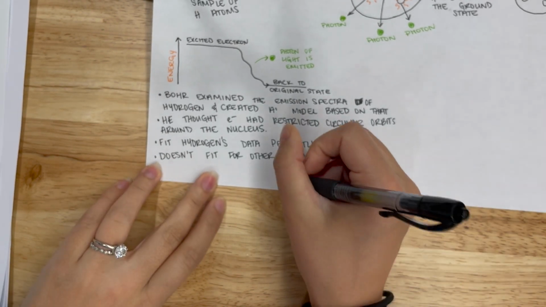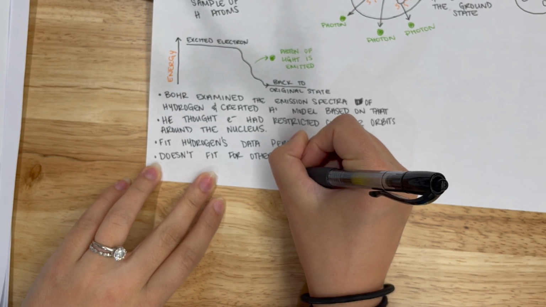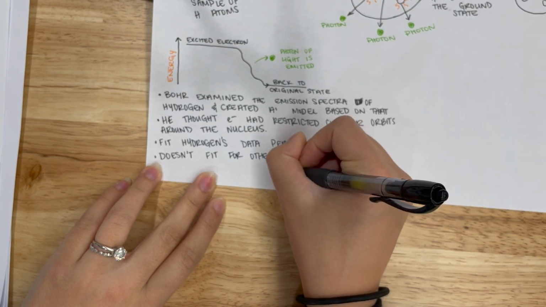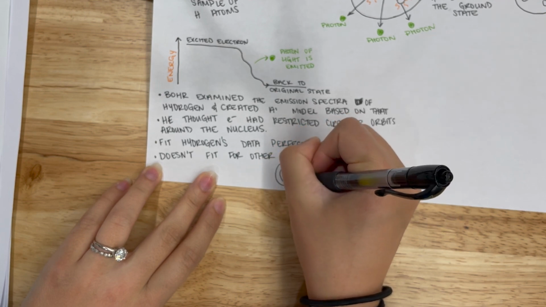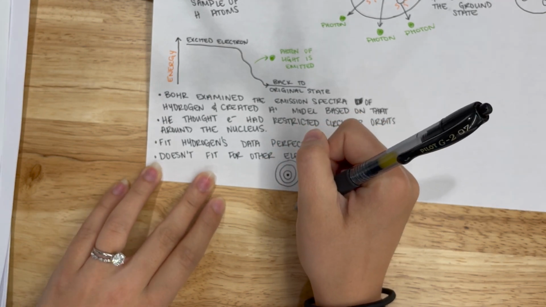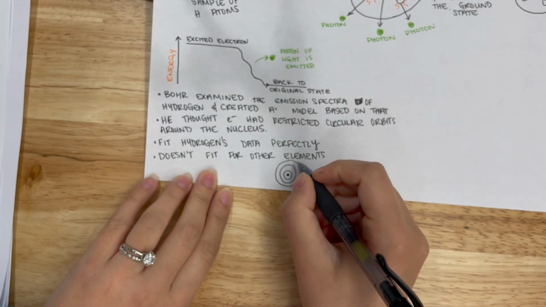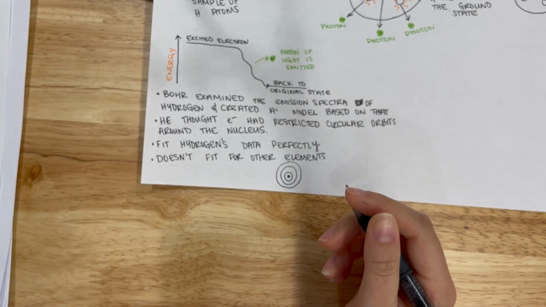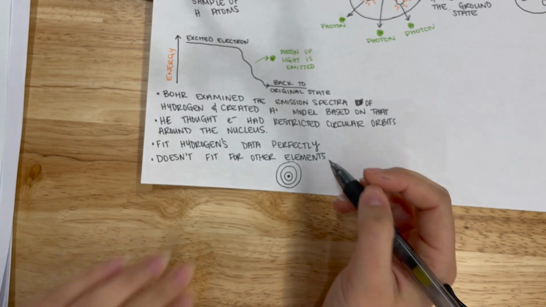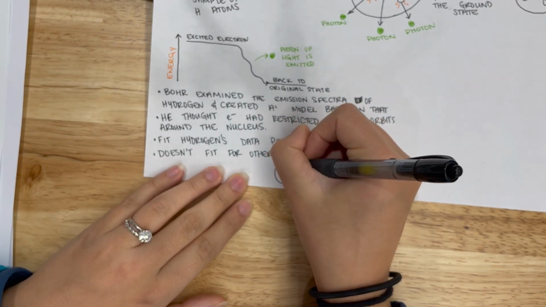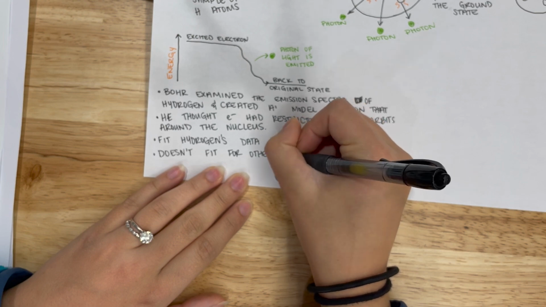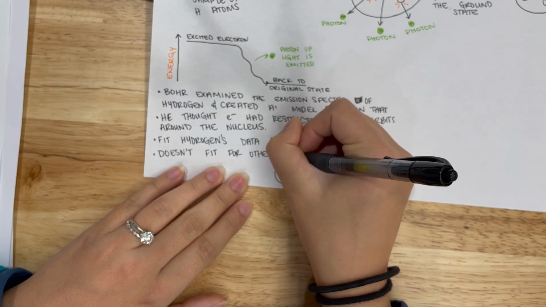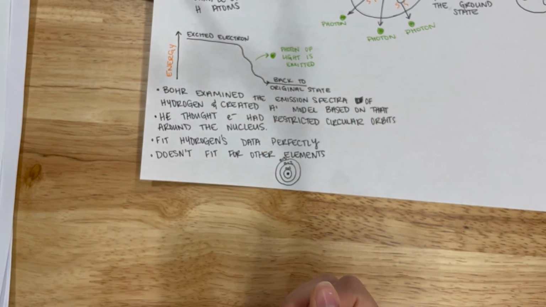So what this looked like, right, is you have your nucleus in the middle, and we have rings that orbit, right? And we say that these are different energy levels, right? So we say like first energy level, second energy level, third energy level, right?